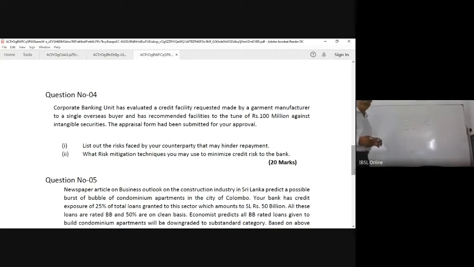We also discussed under market risk certain mitigation techniques. If he thinks that when the money comes, the currency he deals with in this particular country will depreciate against the rupee, he could say, I'm planning to get, say, $1 million.